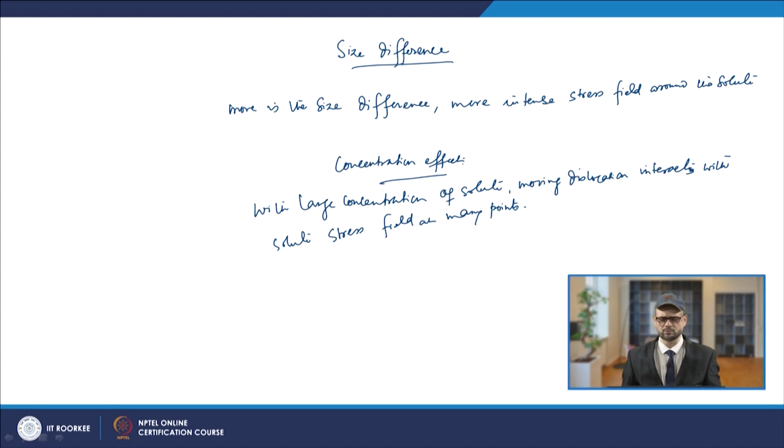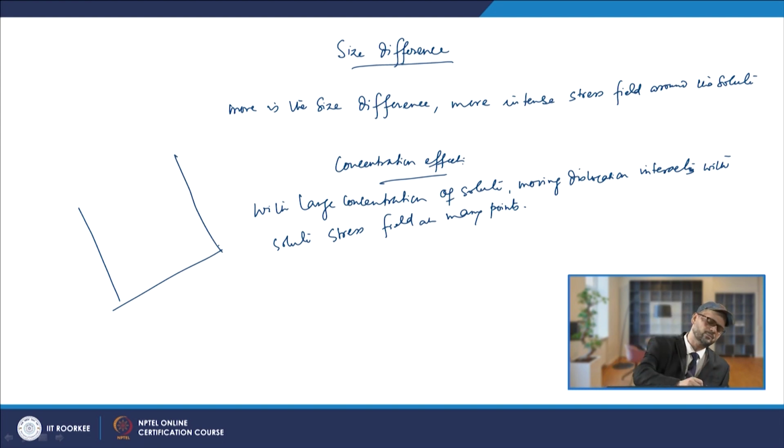So, if you talk about these effects and try to interpret them in a graphical way, if you try to draw the graph, on the y axis you have yield strength in mega Newton per meter square, and this is your atomic percent solute.